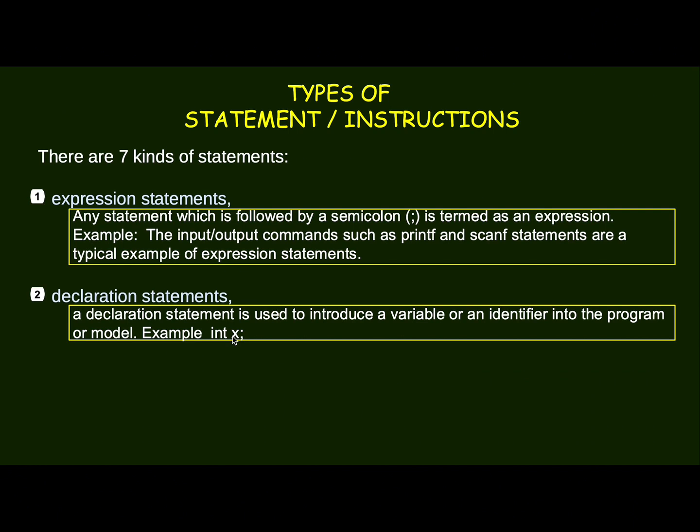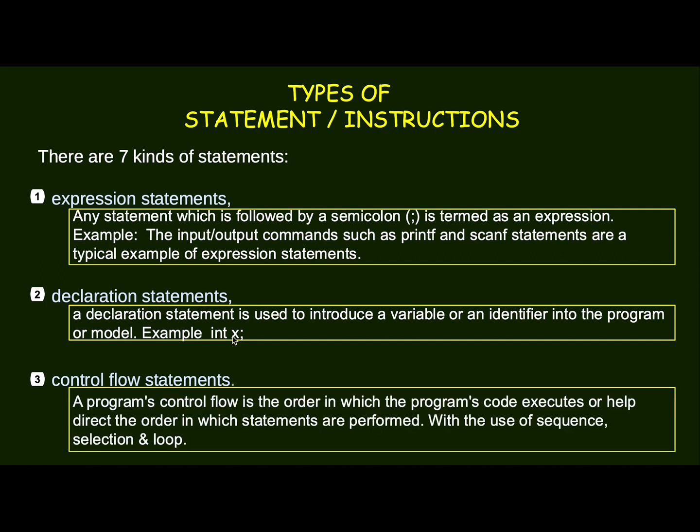Then our third is the control flow statement. So what is a control flow statement? A program's control flow is the order in which the program's code executes, or what helps direct the order in which statements are performed, with the use of sequences, selections, and loops.